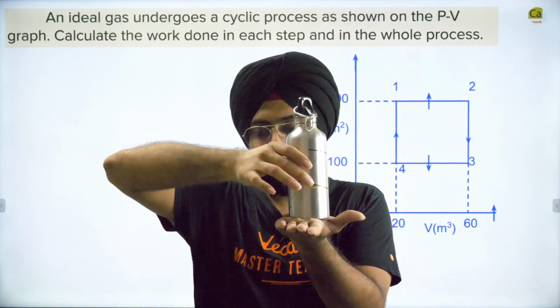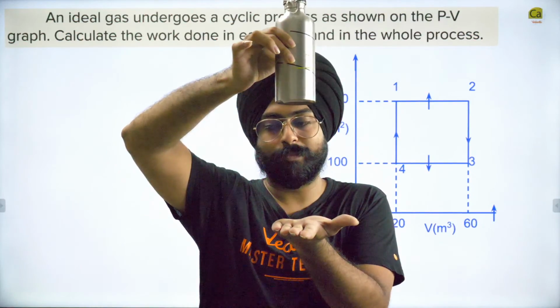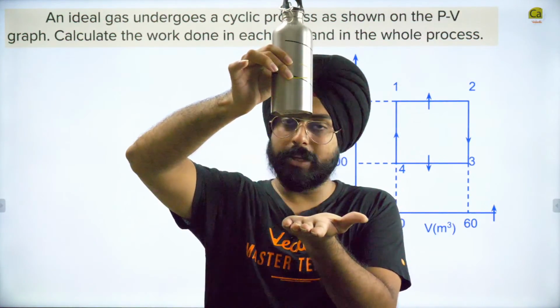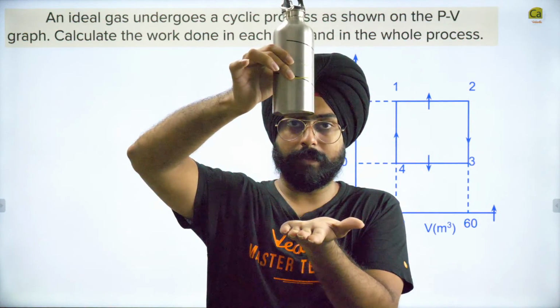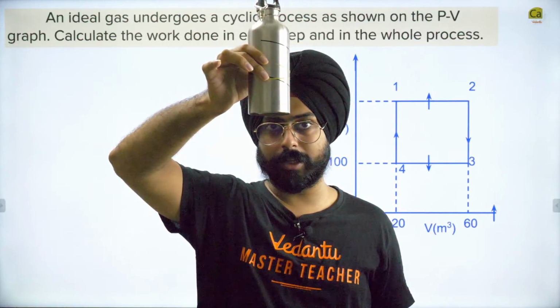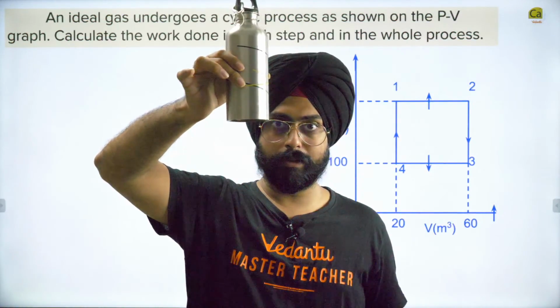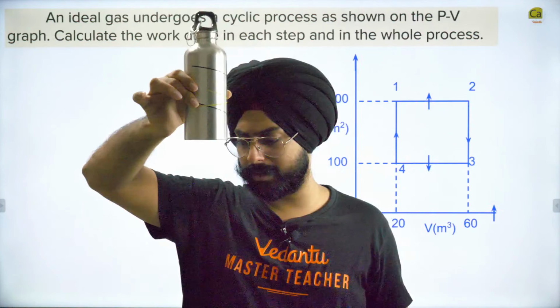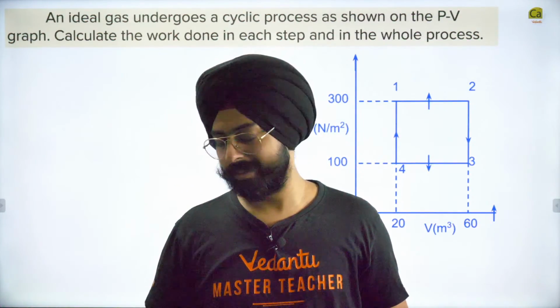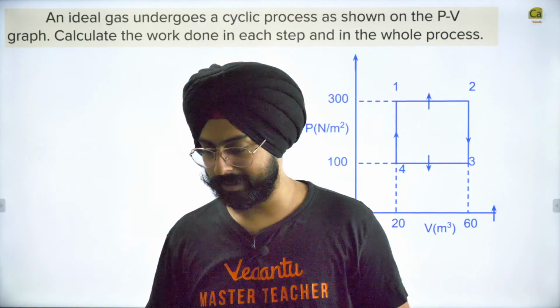Now, if I raise the bottle from here to here, and this height is h, can you calculate the change in potential energy? It will come out to be mgh, I think that's what it was. I don't really remember the physics formulae.